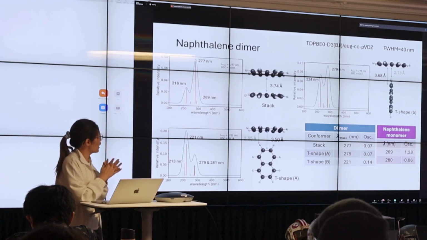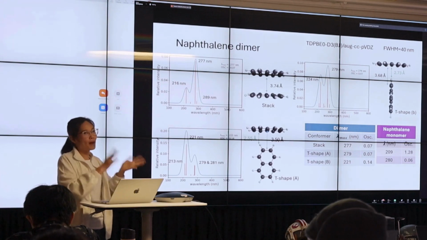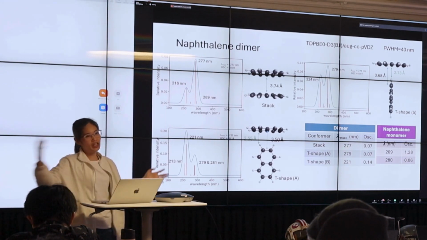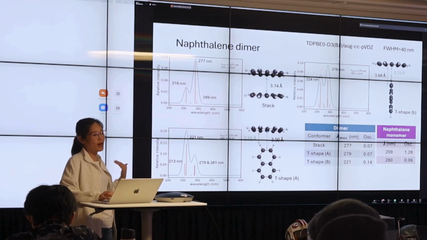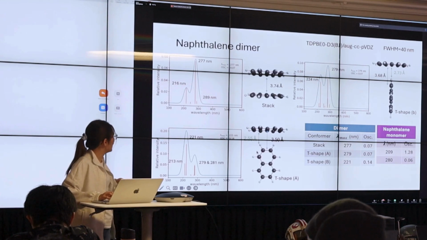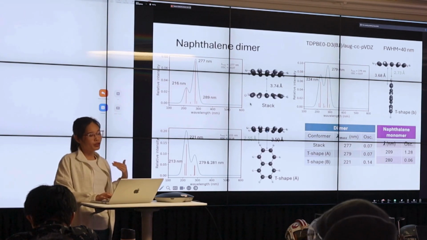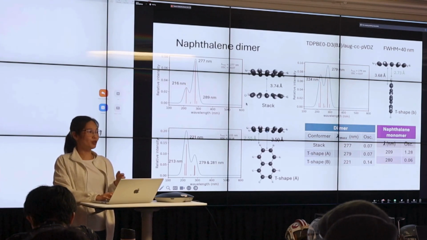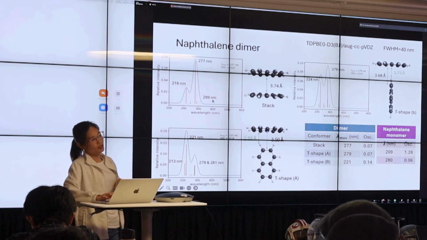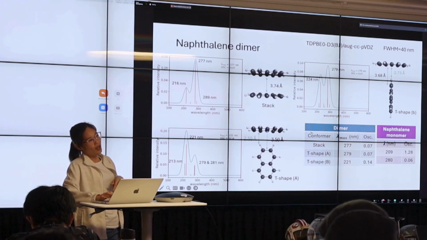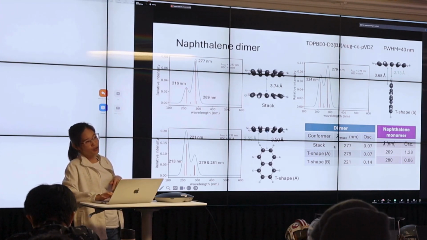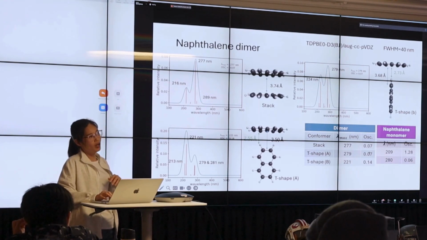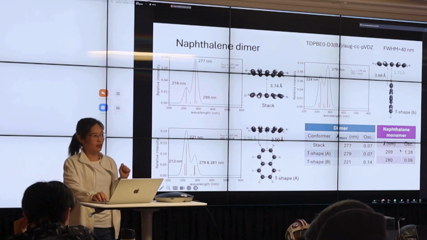Instead of jumping from the very small system to the very complex system, I first did the comparison for the naphthalene dimer. You can see the spectra using different naphthalene dimer configurations. The spectra look different, and the lambda max also lies in different places compared to the naphthalene monomer.